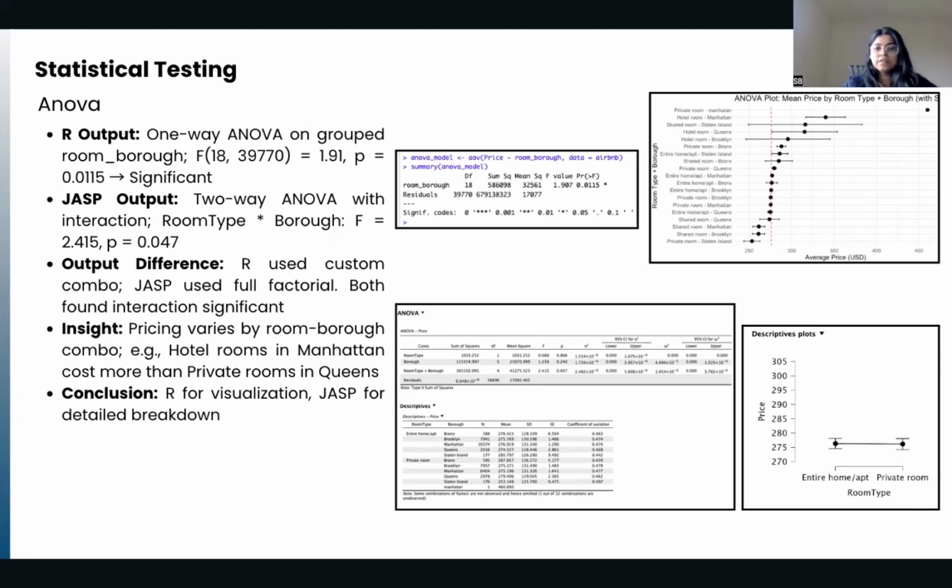After resolving some grouping issues, I ran a factorial ANOVA in JASP and got a similar result with a p-value equal to 0.047. So we can say that there are meaningful price differences across room and borough combinations. In my experience with both tools, R was simpler for group analysis, while JASP was helpful for exploring the interactions. So next I performed the regression.